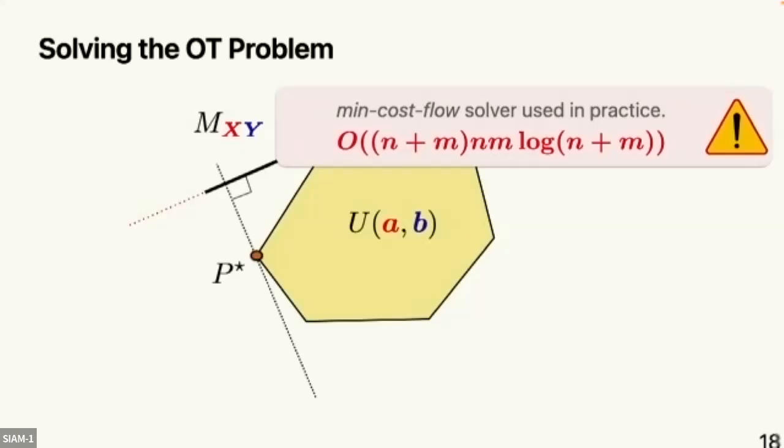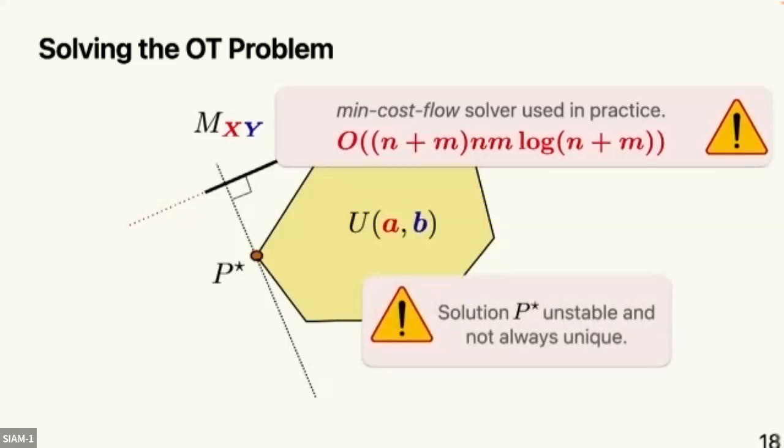And the matrix, with probability 1, let's say, if your inputs are a bit random, is going to be a vertex of this polytope. So there's one thing you should be careful with regarding polytopes and linear programming in general, which is that they can be a bit nasty, in the sense that the solution, this P star, I told you that in almost all cases it will be unique, but there are cases with very low probability where it might not be, and when that happens, essentially the solution jumps around.